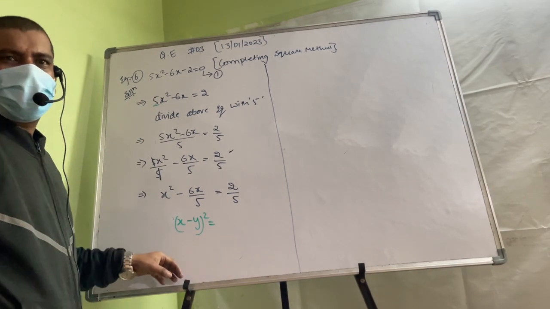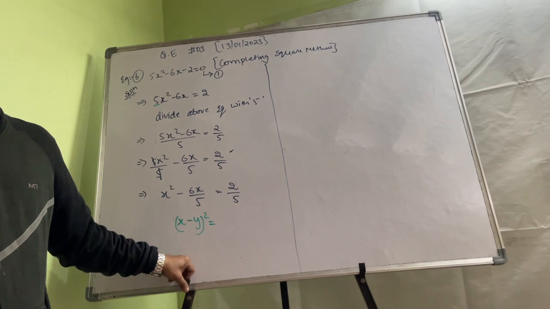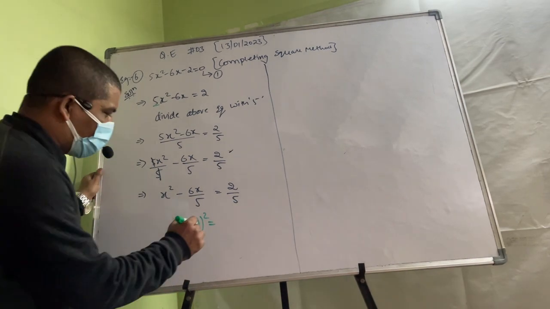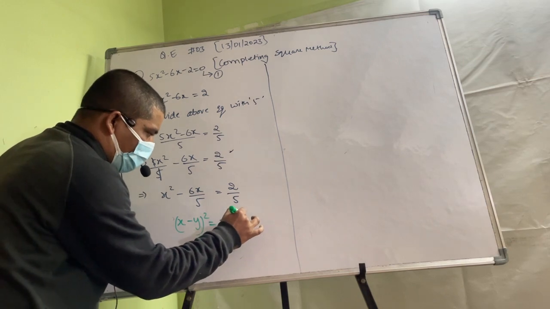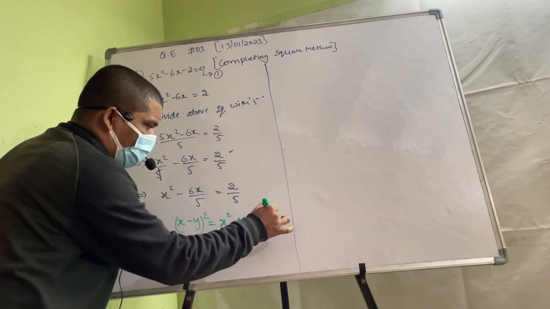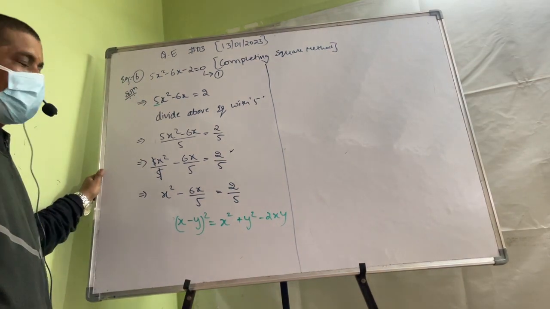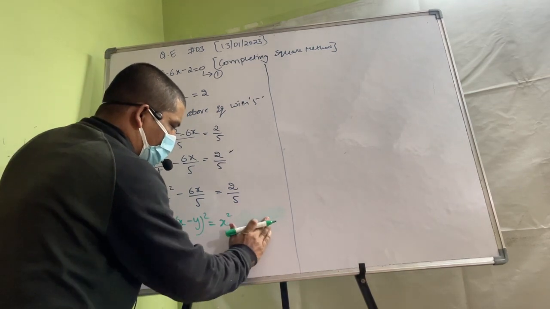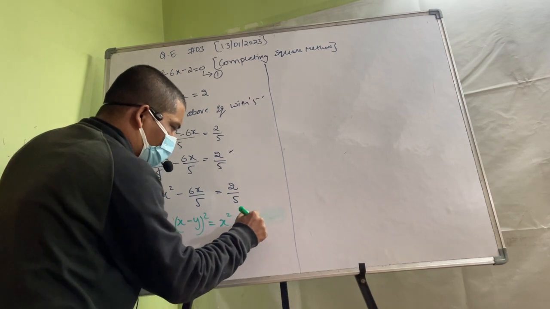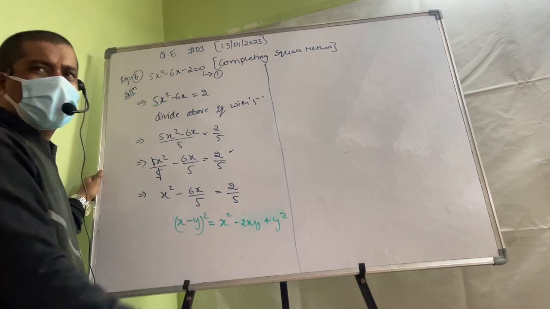A minus b, I am writing in terms of x minus y. What is the formula? x square plus y square minus 2xy. Right. This only I am writing like this: x square minus 2xy plus y square. I can write it? Yes.